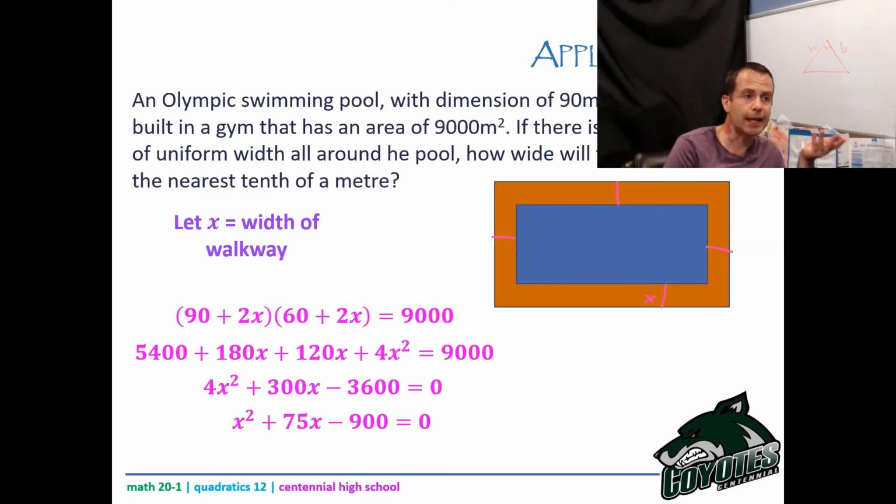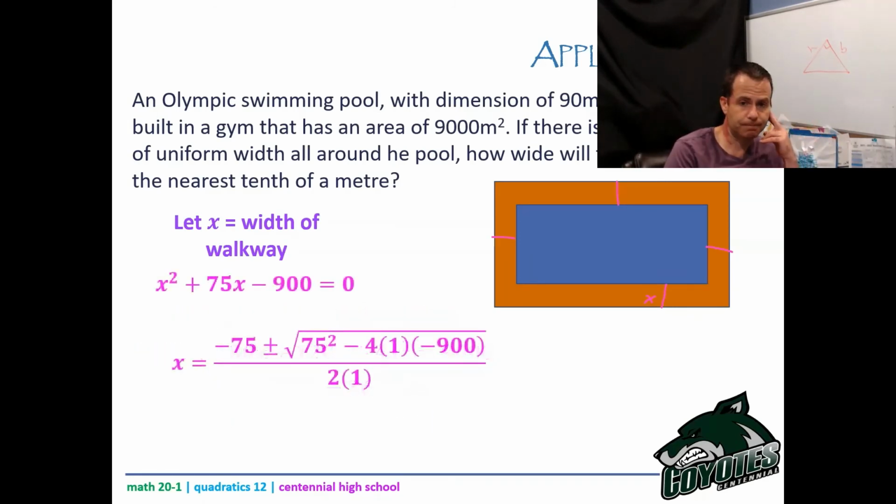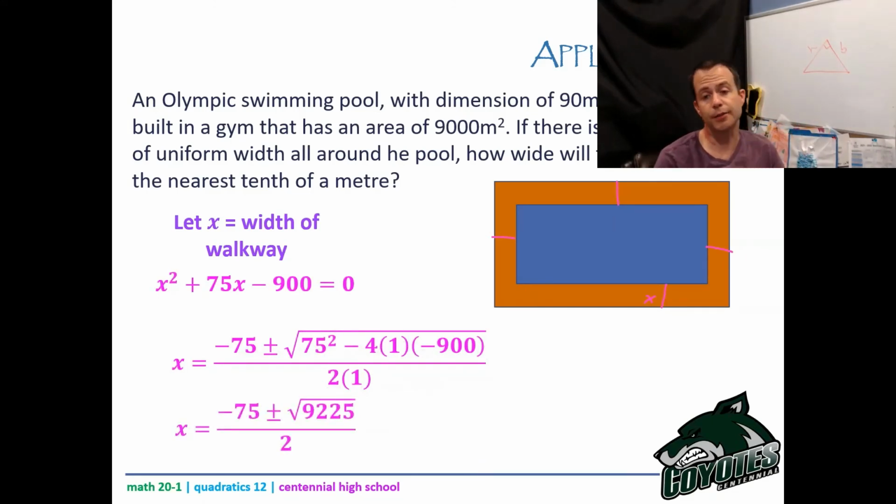Okay, so my A value is 1, my B value is 75, and my C value is negative 900. So I plug all that into the quadratic formula. I'm going to work on getting the stuff underneath the square root to be one number, which is 9,225. Now, if I was answering in the quadratic formula, I would want to simplify 9,225. I can at least take a 25 out there, maybe something more.